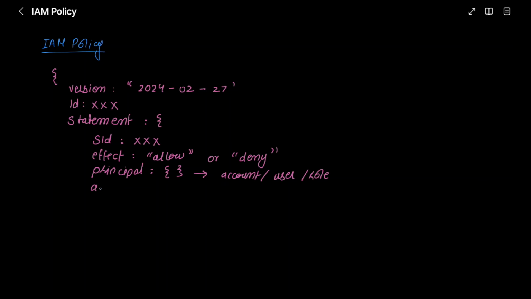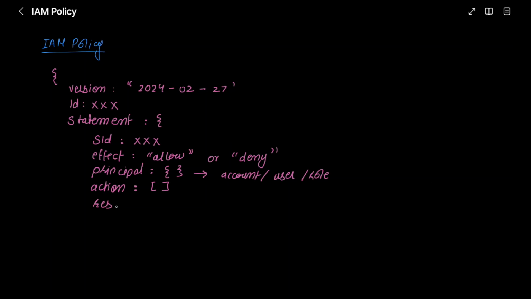And beyond that, you would have action. And this will be the list of stuff you want to do. We'll discuss it in more detail once we actually proceed, because you would have to specify a few things over here which are predefined. So we'll learn more about them.